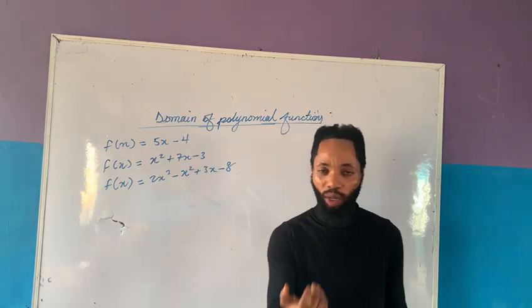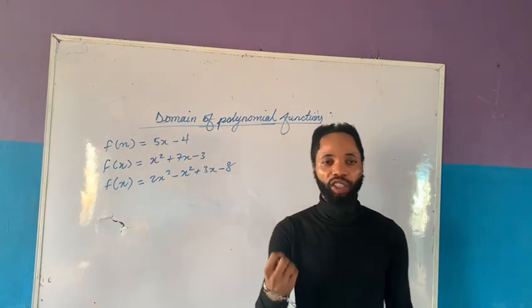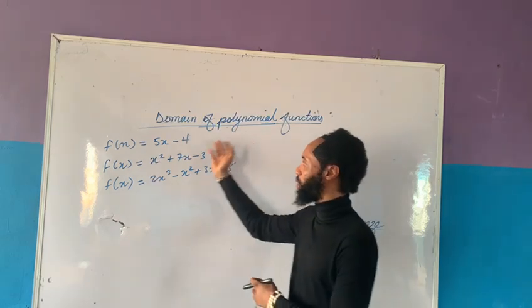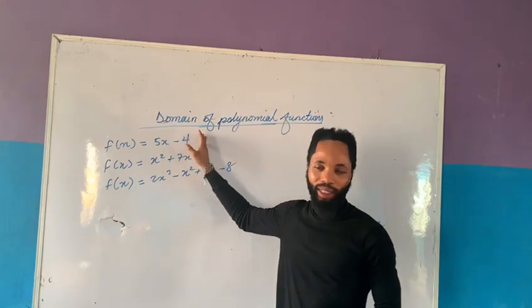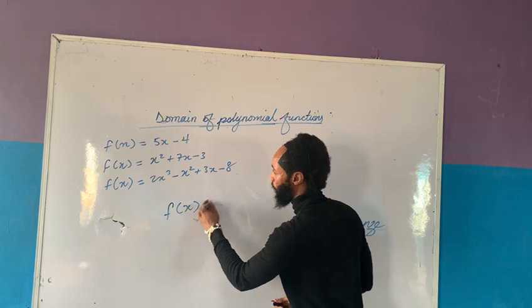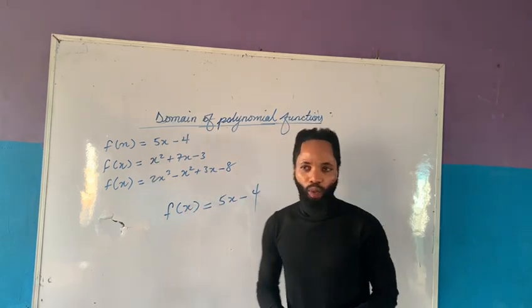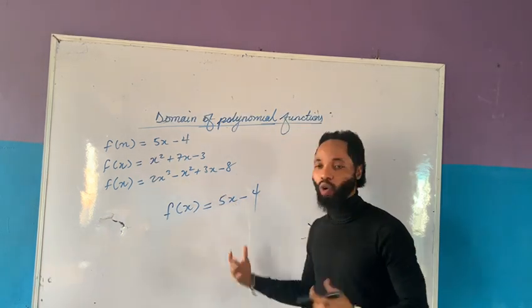For an expression to be undefined, the denominator has to be equal to what? 0. Once the denominator is 0, then the expression is undefined. So looking at what we have here, we don't have a fraction, we don't have a rational expression here. Then, if we put anything for the first one, f of x equals 5x minus 4, what values of x are going to give a denominator of 0?